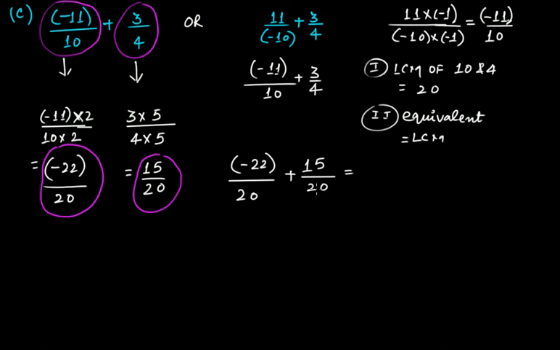Now if you add these two, you have denominator as 20. This is minus 22 plus 15. Now minus 22 plus 15, it gives you minus 7 over 20. And why minus 7? Because minus sign is with 22, right? So it's a greater number, therefore minus sign will be here, right? So this is the answer for this addition.